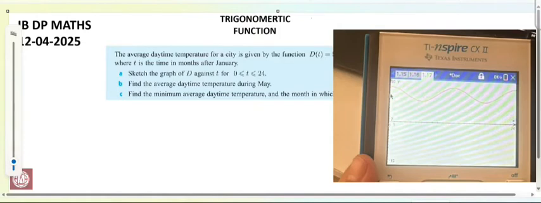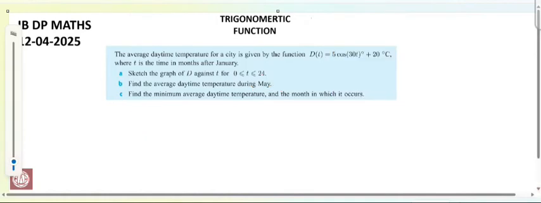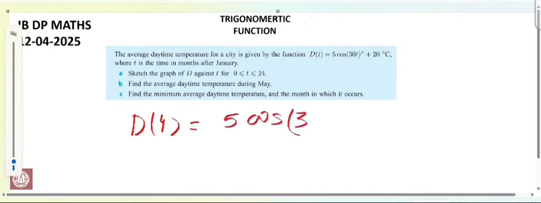So, how will you calculate the average temperature during May? You will substitute the value of T as 4 in the given function. So when T is 4, 5 cos(30 times 4) plus 20.